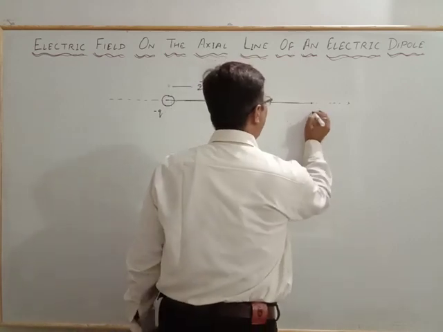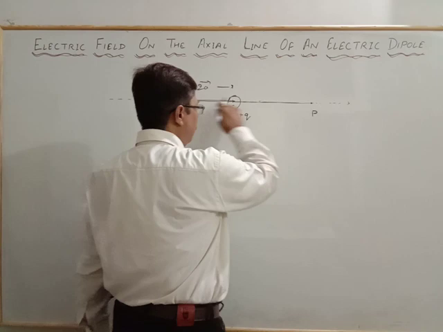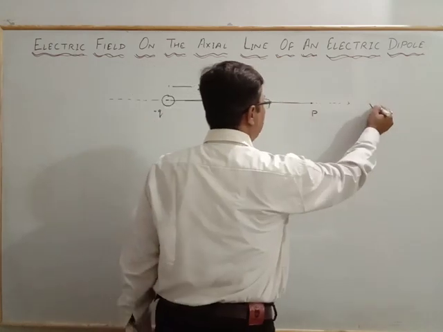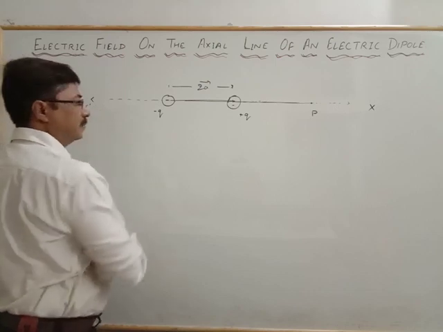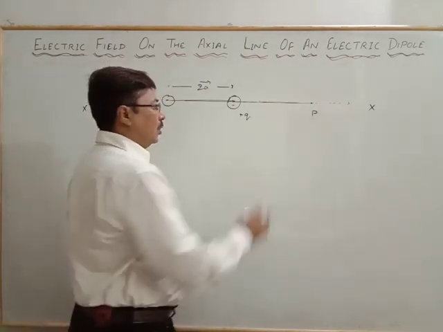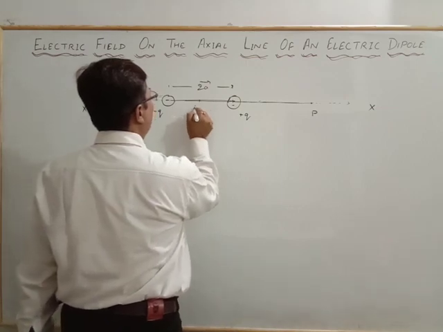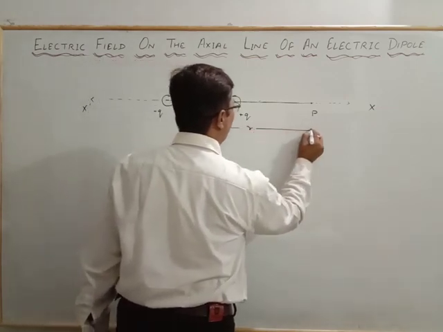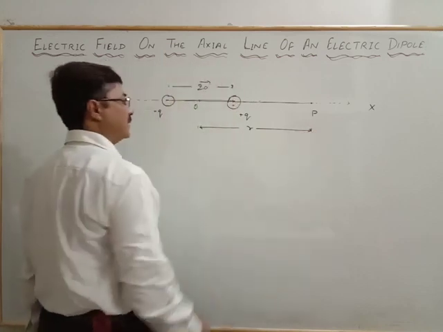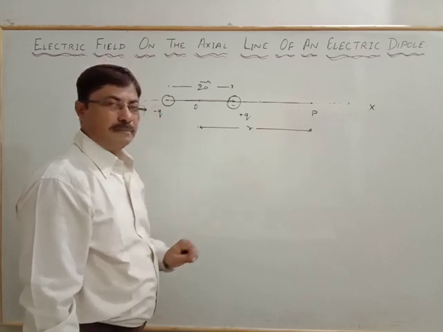The line we consider as X, and here it is X dash. The distance from the center of the dipole to P is supposed to be r. r is the distance where we have to calculate the electric field.